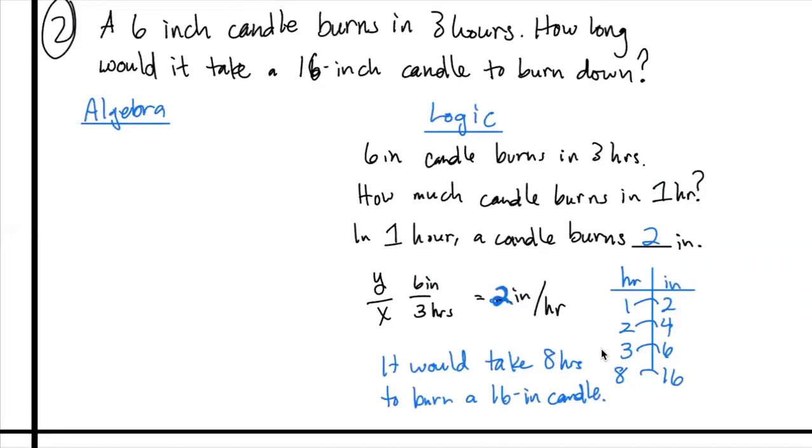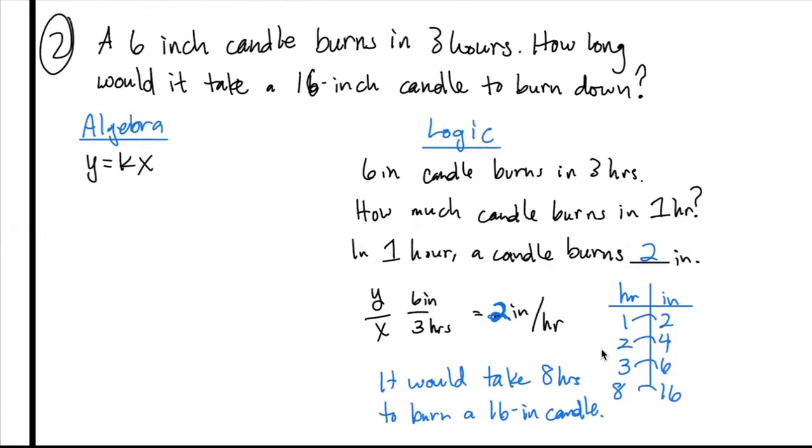Now, algebraically, we'll use our equation. So let's try it out. y equals kx. Here, 3 hours, that's my x. So I have a 3. I don't know what k is, and I'm multiplying these two numbers. I do know what y is. In 3 hours, it burns 6 inches.